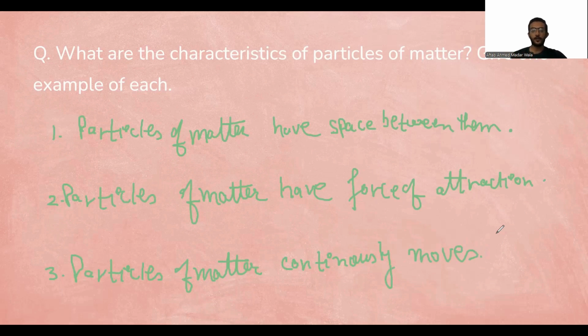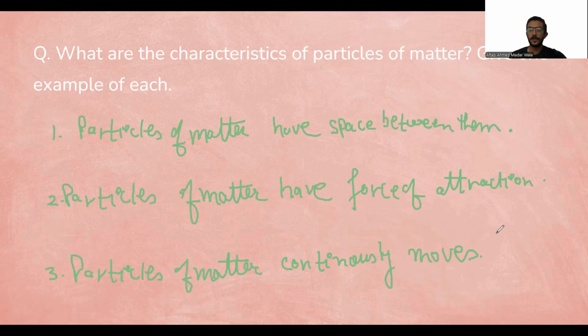Then, while understanding that particles of matter have force of attraction in them, we have seen that solids occupy a fixed shape due to the strong force of attraction. Then liquid have definite volume due to comparatively less force of attraction. And then we have seen that the particles of matter have least force of attraction in gases, because of which the particles of matter of gas move around very fast.